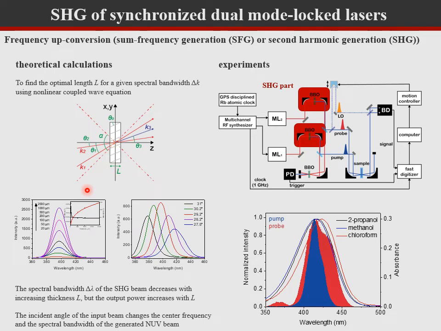Additionally, in the critical phase matching configuration, the incident angle of the input beam changes the center frequency and the spectral bandwidth of the generated NUV beam.